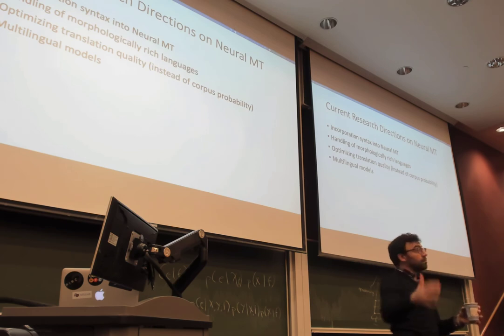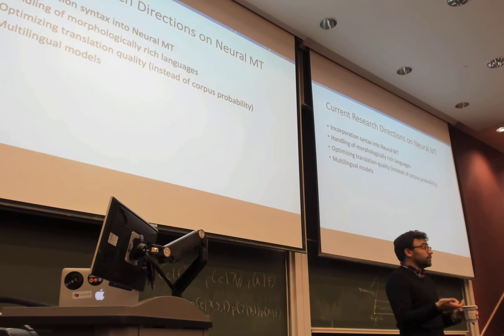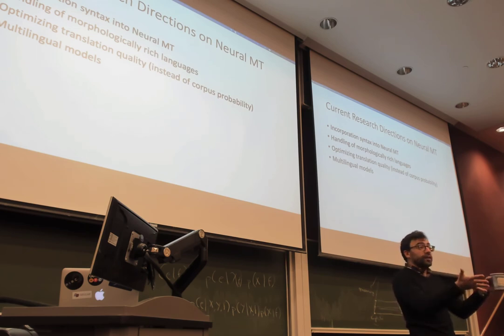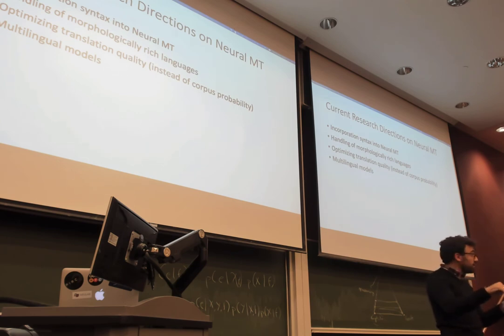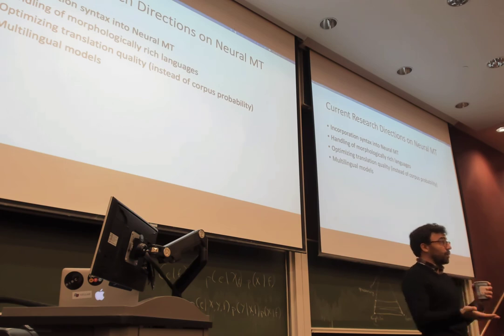So in the symbolic systems, in the NLP systems that we had, we were able to use a bit of linguistics, or not even linguistics, our knowledge about the language, to define phrases, to define alignments between phrases, or if we look back into the syntax, we were able to use syntax trees to describe patterns that we could use to do proper translation.